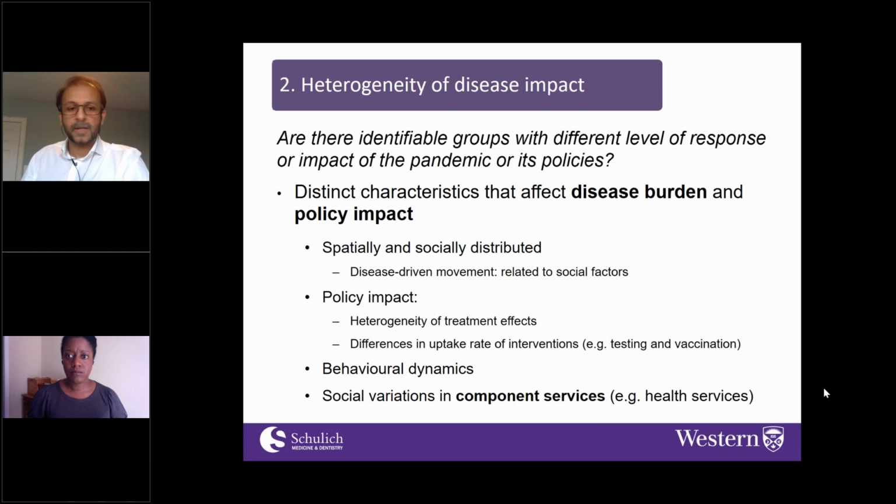What we have noticed is that when policies are being evaluated through infectious disease models, the heterogeneity of treatment effects, particularly looking at how different social groups are affected by different policies, is not always an important focus of these studies, which was surprising to us. Looking at modeling guidelines, this has been mentioned in a few guidelines, but has not been explicitly mentioned in most of them.